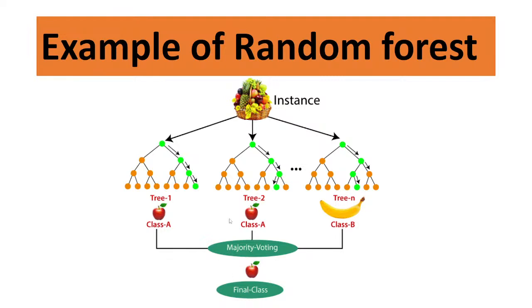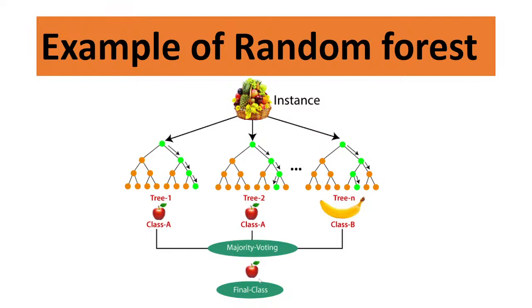So after completing the decision trees, it applies the majority voting and then selects the specific class. Suppose here I get a lot of pixel values, for water and for vegetation.